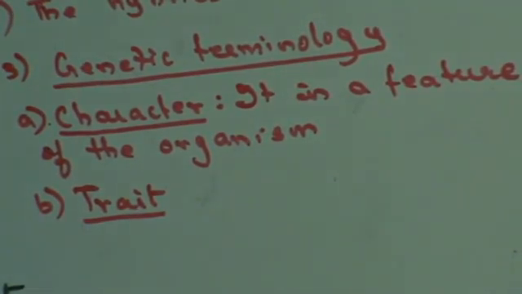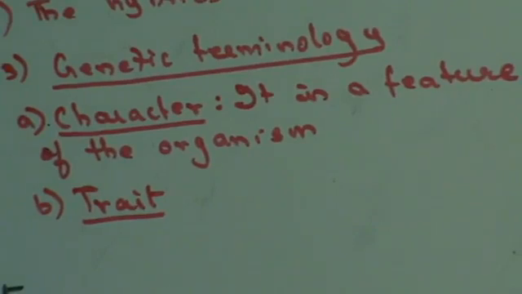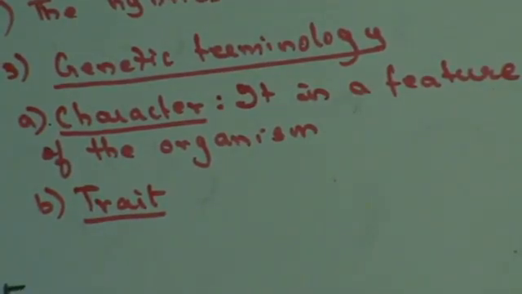Suppose if I am tall and if my son also becomes tall, or if I am tall and my son comes out to be short, it's an inheritable character, either he can be tall or the variant will be he'll be short. So an inheritable character and its detectable variant is called as its trait.